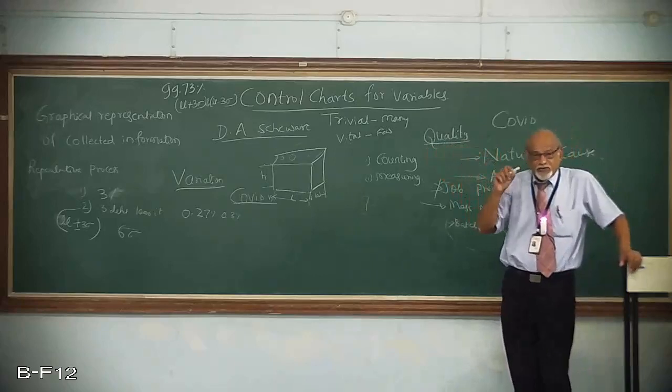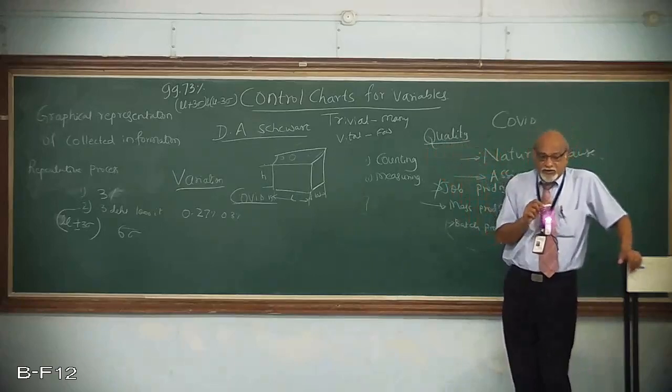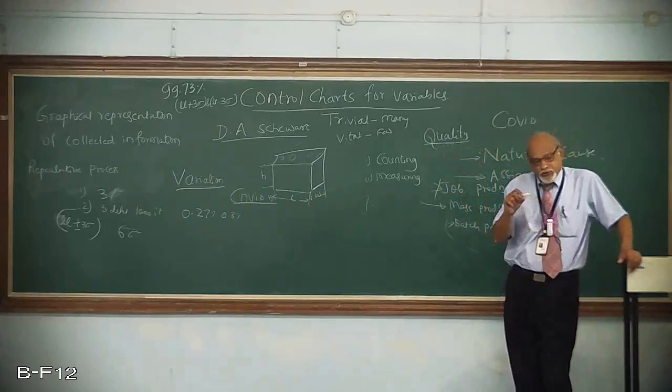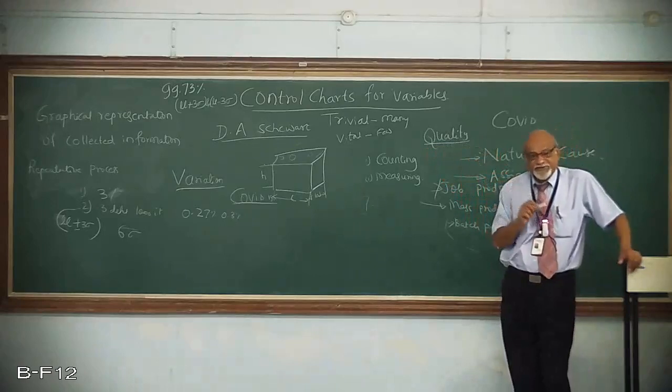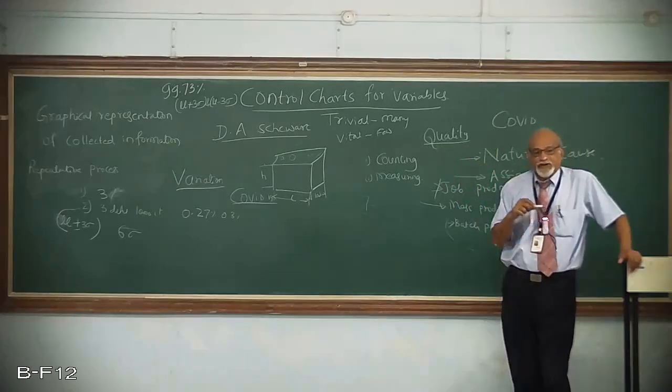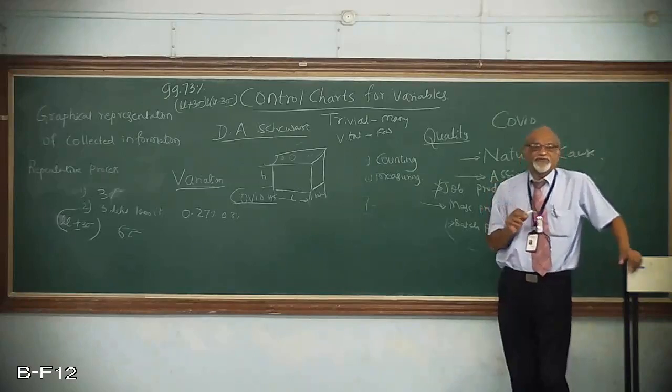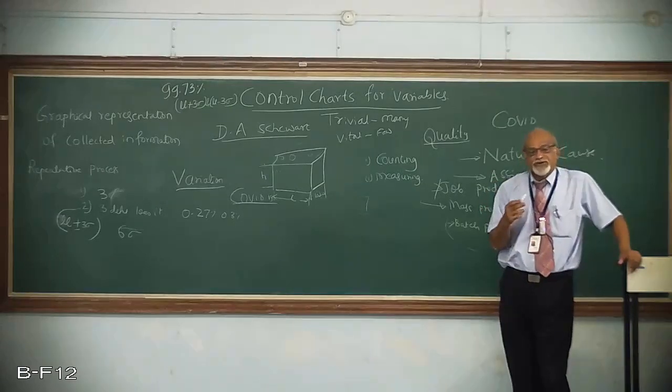It should be able to tell us whether the process is going to produce defective parts if it is continued in the same way, or it is not going to produce defective parts, so don't touch it, leave it as it is. These two things it should tell.